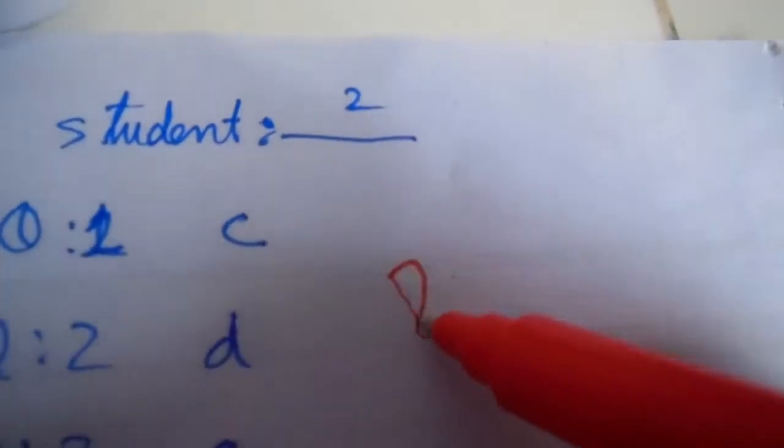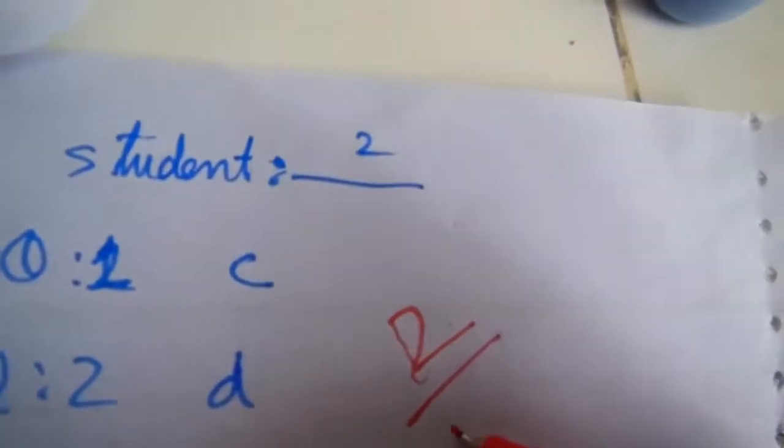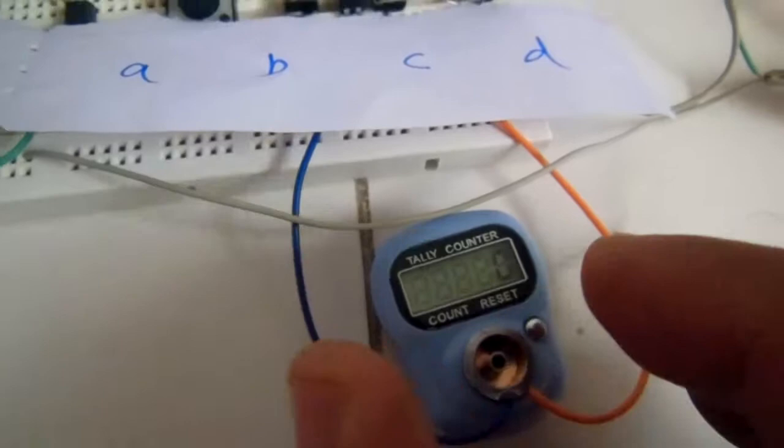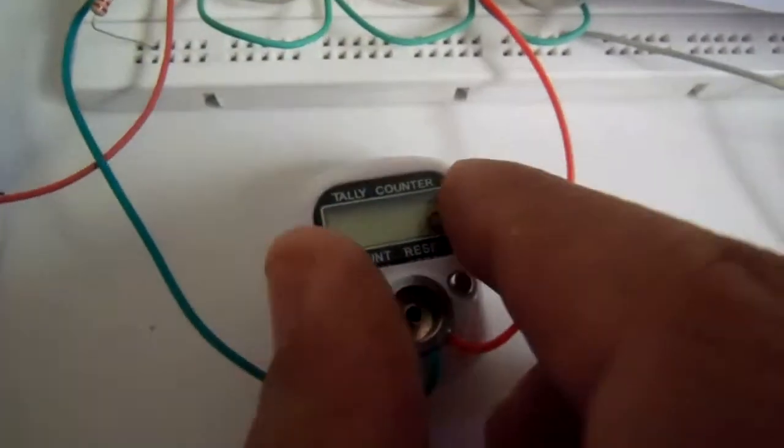We can write 2 upon 10. It has been solved. Again reset the counter, question number and marks.